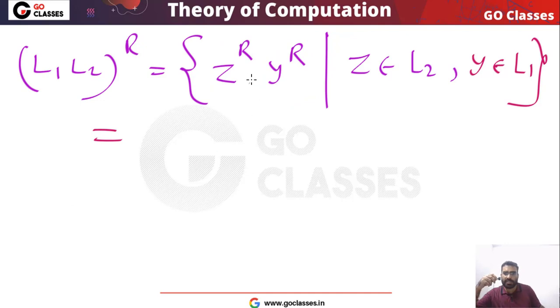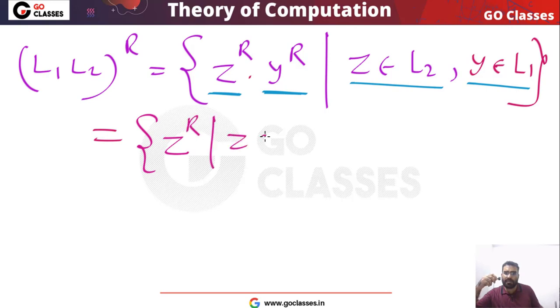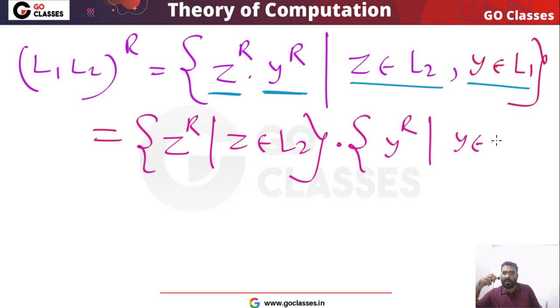Z reverse concatenated with Y reverse. Here you can notice Z is coming from L2 and Y is coming from L1. So I can write it as Z reverse, where Z is coming from L2, concatenated with Y reverse, where Y is coming from L1.